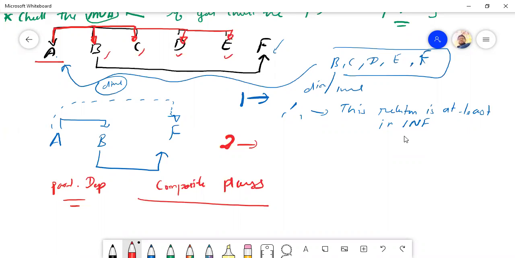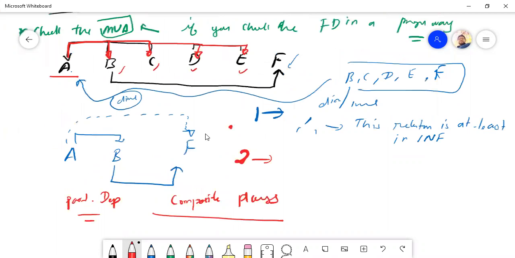Now it is clear that I have only one primary key. So if I have only one primary key, simply you can write there are no composite keys or primary keys.